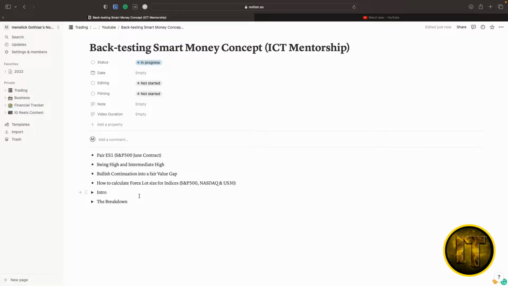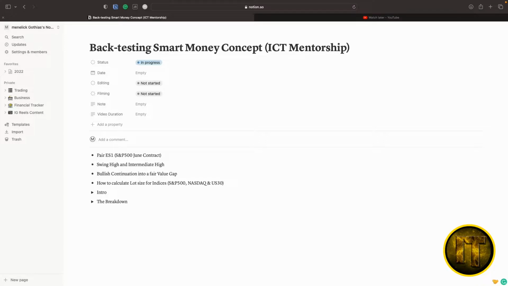I learned how it works, so I'm going to break down how you can calculate your lot size when you are trading indices instead of forex pairs like GBP USD. I'm also going to go through a backtest I did earlier based on ICT concepts.